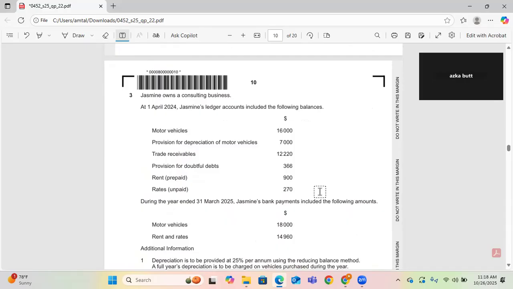Let's see question number 3. Jasmine owns a consulting business. At 1st April 2024, Jasmine's ledger accounts included the following balances. So we have the motor vehicle cost, its provision, trade receivables, provision for doubtful debt, rent prepaid, and rent rates unpaid.